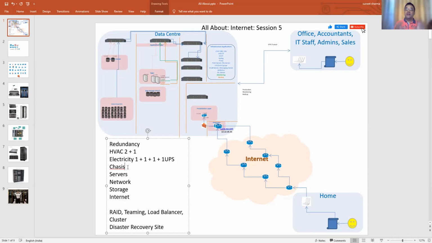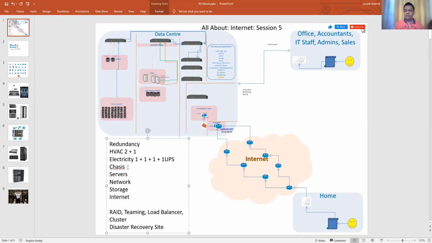And plus, if there are two electricity points, then one should come from one source, and the other electricity point will get the electricity from another source. That is the purpose, right? So if one power is down, it will automatically start getting the electricity from the other source.